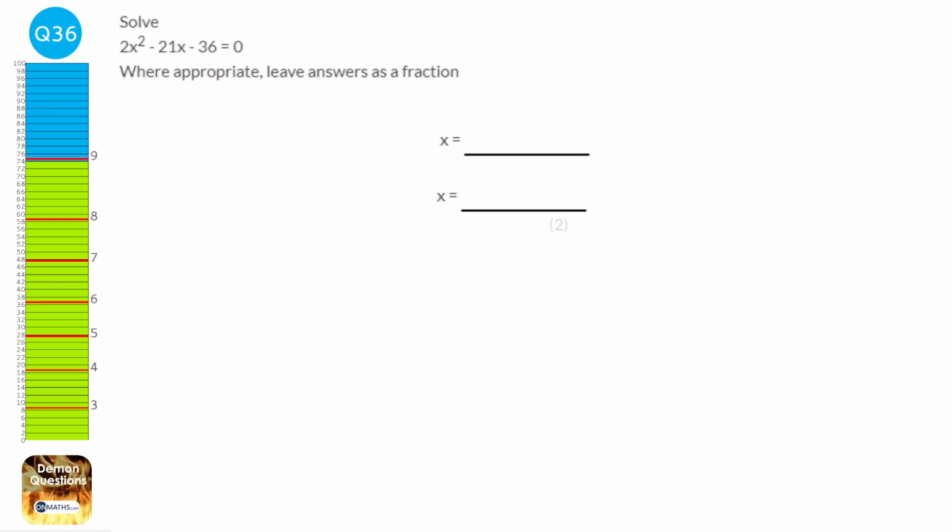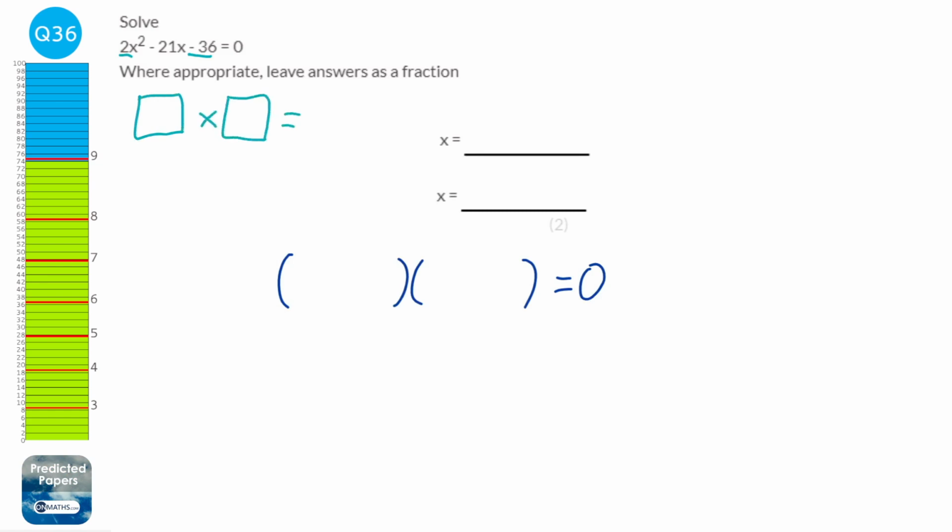So to be able to solve this, we want to factorise the quadratic. And to factorise the quadratic, we're going to look at the coefficient of the x squared and the number left on its own, and we're going to multiply those together, so that we're looking at two numbers that equal, what is it, 2 times minus 36 is minus 72, and we're going to look at the coefficient of the x, minus 21, and the same two numbers need to add together to make that minus 21.